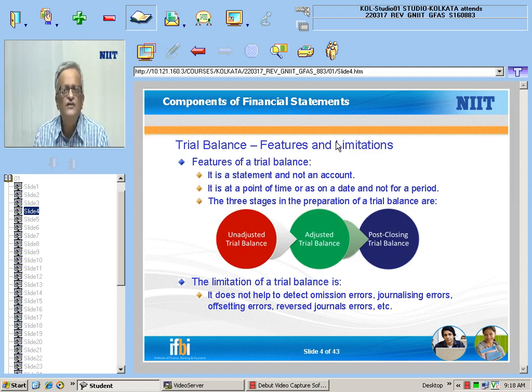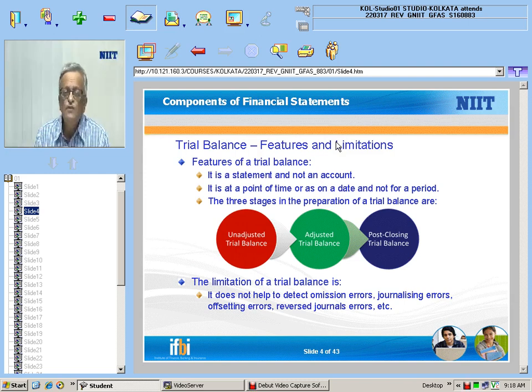Limitation of a trial balance. There is some limitation, that means there is some drawback of the trial balance. What is it? It does not help to detect omission errors, journalizing errors, offsetting errors, reverse journal errors. These type of errors, it is difficult to find out by taking a trial balance.